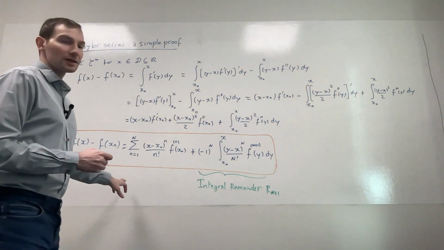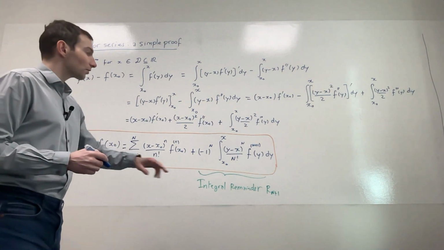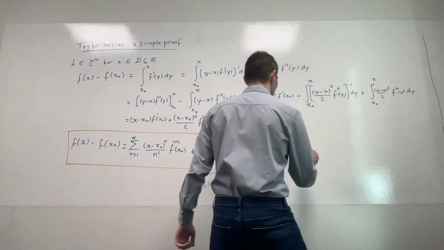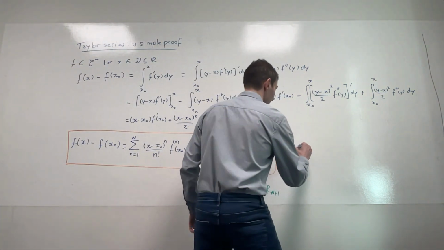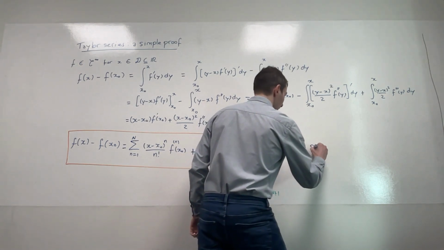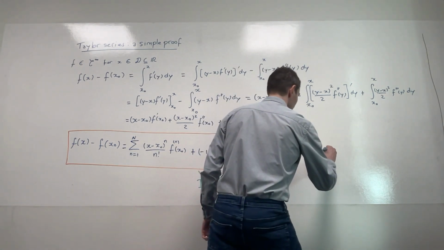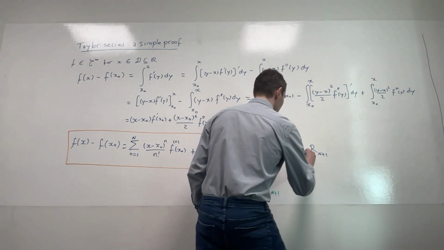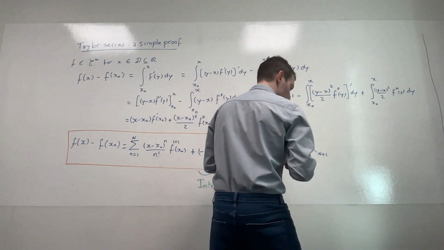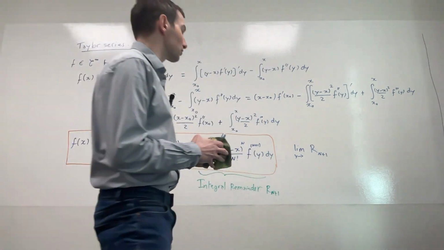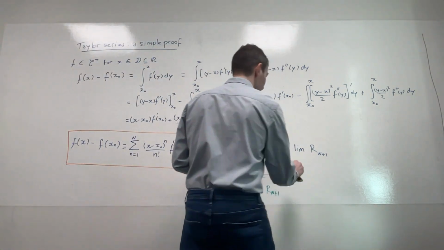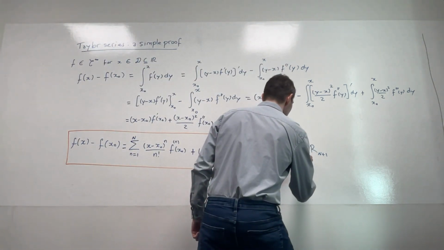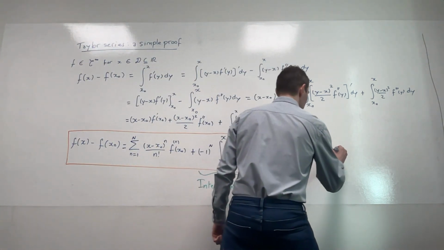Okay, and what we see is that one of the things that this remainder has to satisfy is that the limit of Rn plus 1 when x tends to x naught is 0.